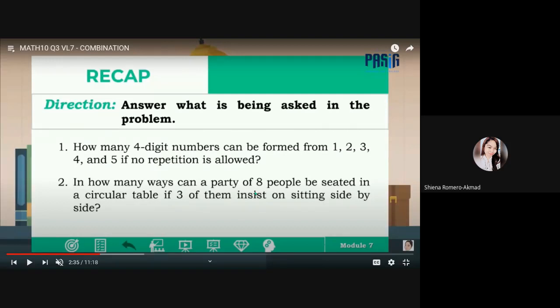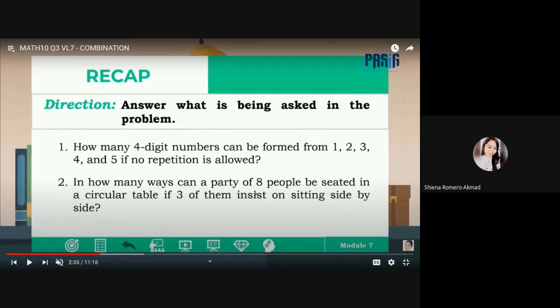Tapos gagawin natin yung formula na n minus 1 factorial. So ang n natin ngayon ay 6, that's 6 minus 1, that's 5. 5 factorial is 120. Yun yung arrangement nilang lahat sa whole. Pero of course, yung tatlo, pwede sila magpalit-palit ng arrangement nila.